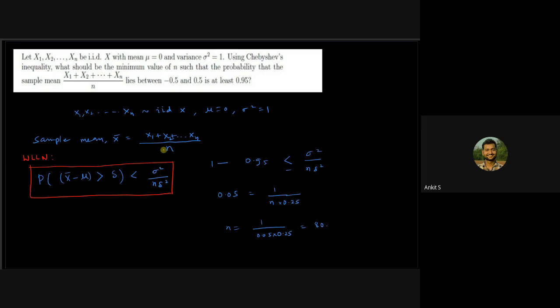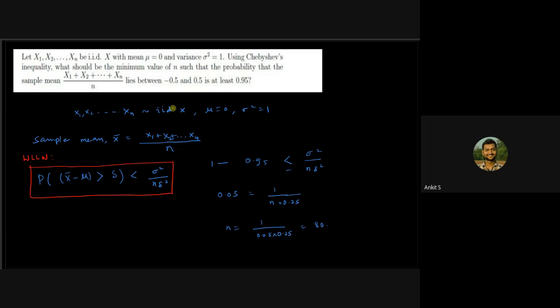So we have to find the probability. So no, actually here we have to find the minimum value of n, such that the probability that the sample mean lies between minus 0.5 and 0.5 is at least 0.95. Okay, so as you know, sample mean is a random variable, and its variability depends upon the value of n.